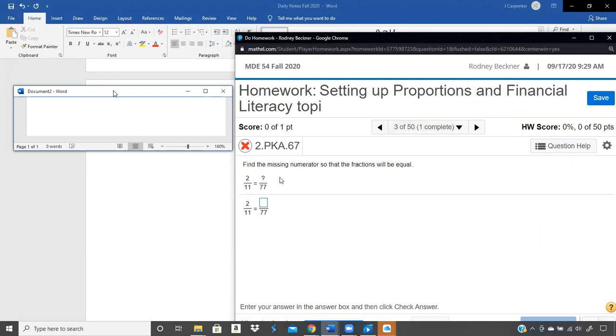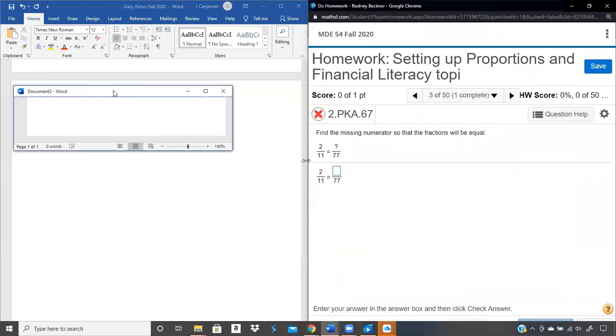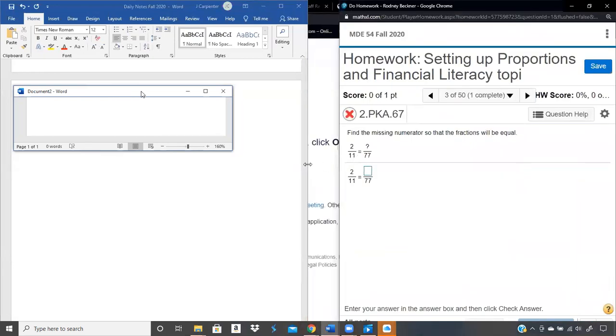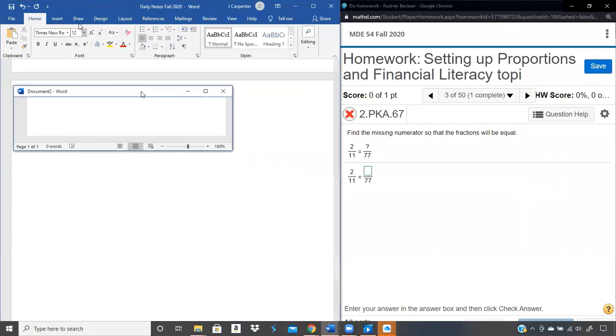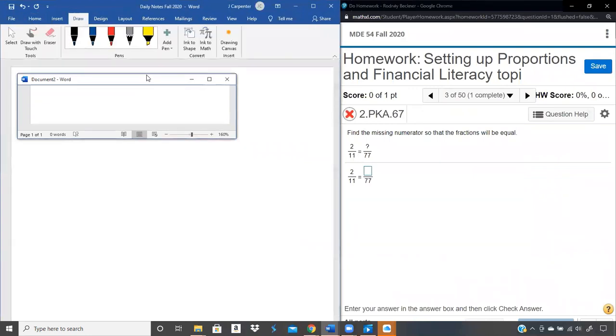All right, so find the missing numerator so the fractions will be equal. First, I got to do this. There we go, much better. So we got 2 over 11 first. There we go. 2 over 11, 7.